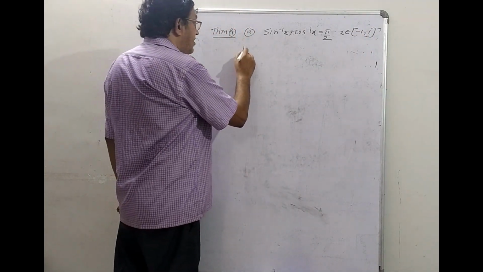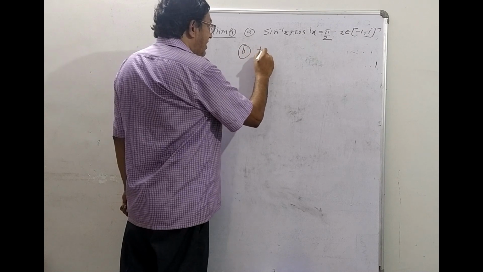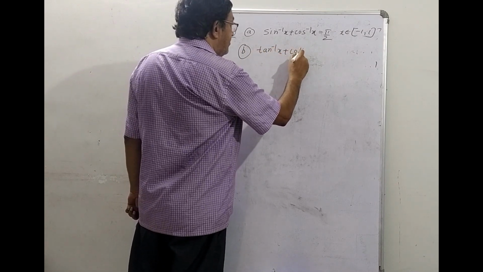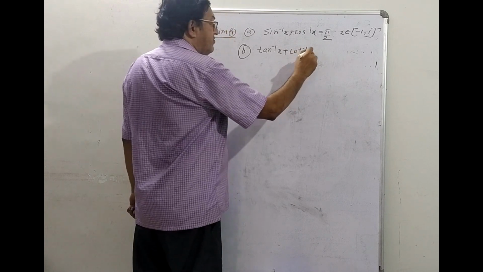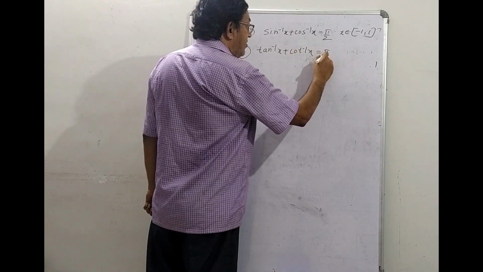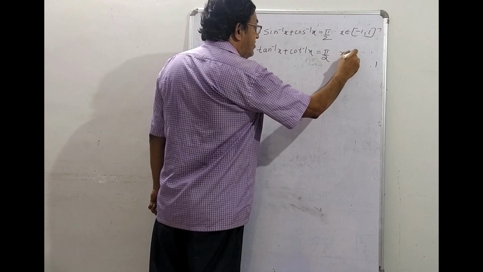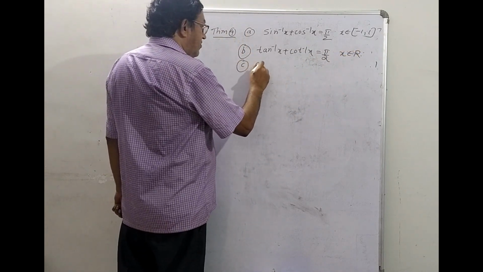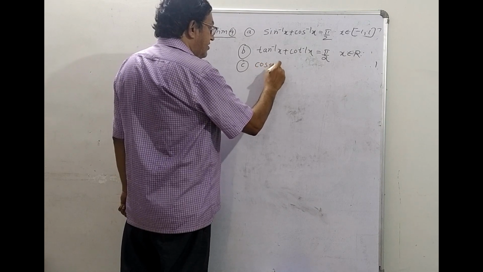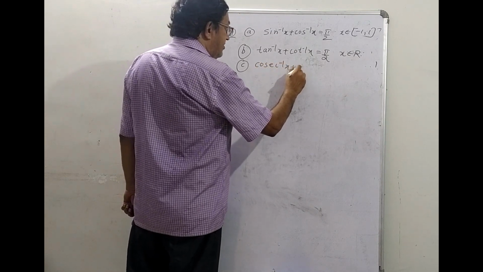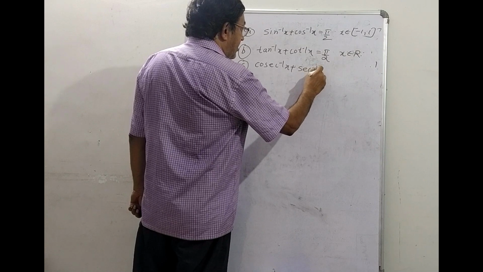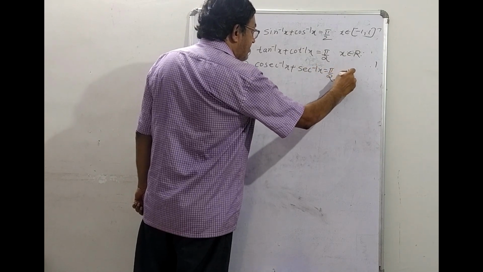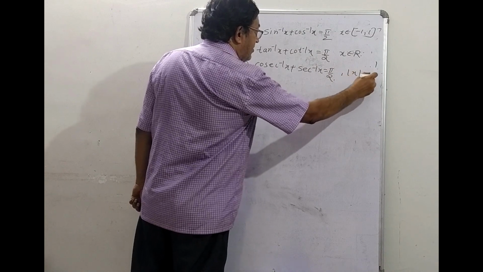Second part: tan inverse of x plus cot inverse of x equals again pi by 2, x belongs to the set of real numbers. Then the third part: cosec inverse of x plus sec inverse of x, again it is pi by 2, where mod of x is greater than or equal to 1.